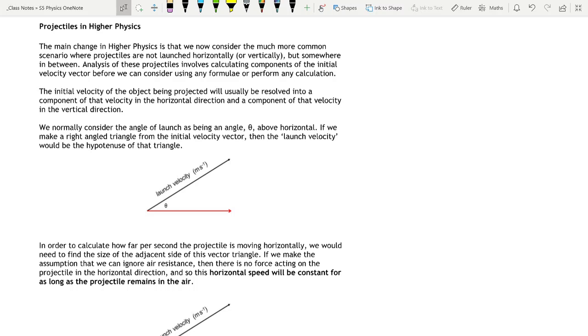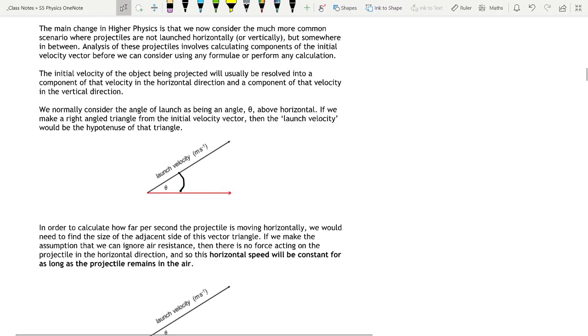So we normally consider the angle of launch as being an angle theta above the horizontal, like that diagram there. If we make a right-angled triangle from the initial velocity vector, then the launch velocity would be the hypotenuse of that triangle. So basically, we might say something is launched at 20 meters per second at an angle of 30.